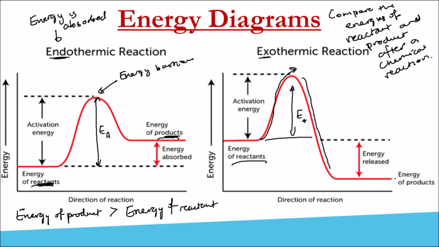The products have a much lower energy than the reactants. This excess energy, we can call delta H, is energy that is released. With the endothermic reaction, the products have more energy than the reactants, so that's the energy that needs to be absorbed in order for this reaction to occur.